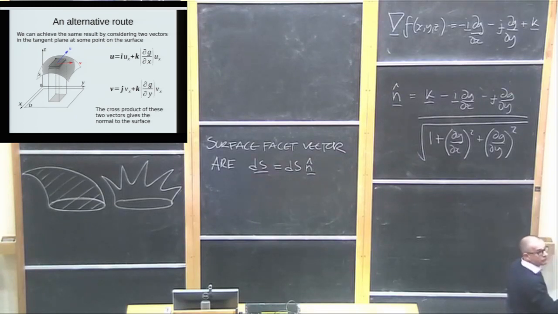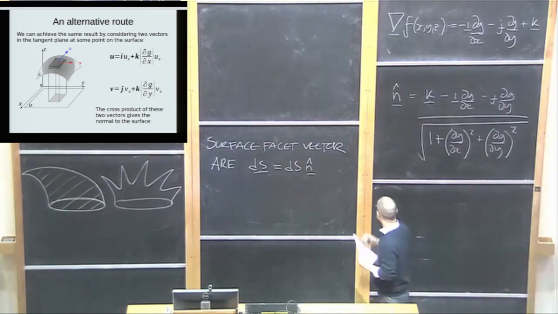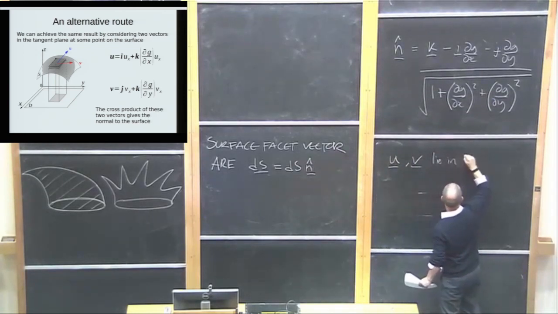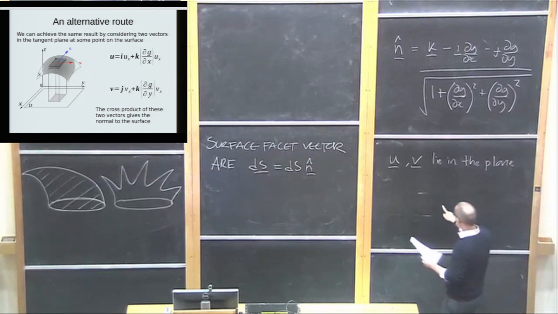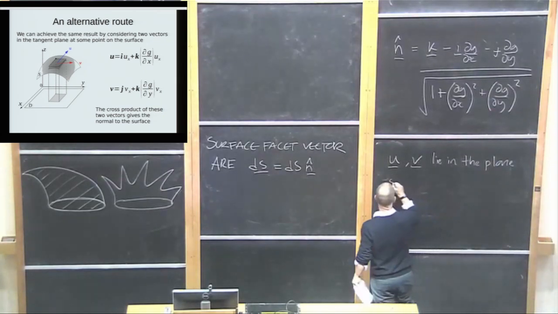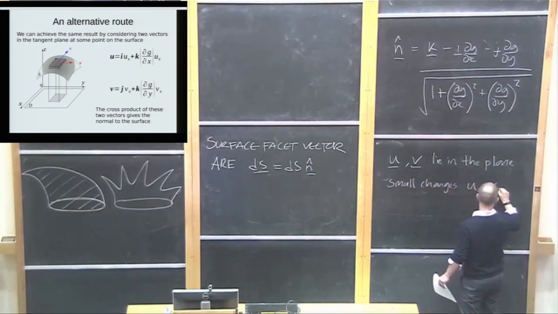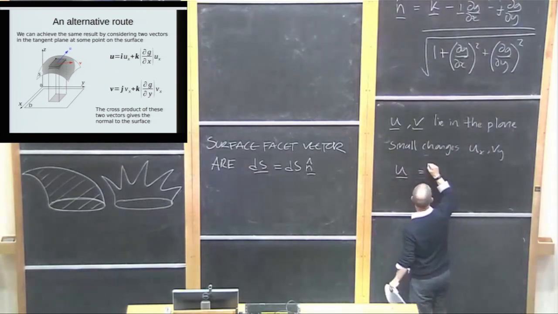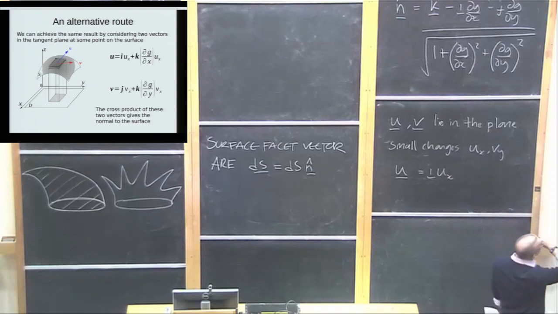If we choose two vectors which lie in the plane of the surface, which we call u and v, and we move a small amount in the x and y directions, which we'll call ux and vy, then the vectors in the surface become i times ux. There's no component in the y direction, we've chosen two orthogonal vectors here to make it simple.